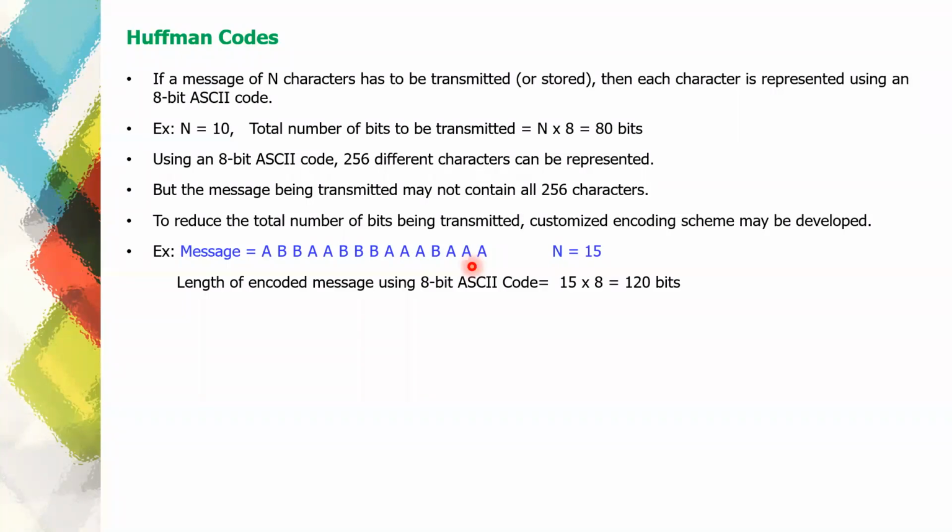In general, whenever a message has to be transmitted or stored, each character is stored in the form of an 8-bit ASCII code. This is the international standard code that is used to represent characters, and each ASCII code will be of 8 bits.